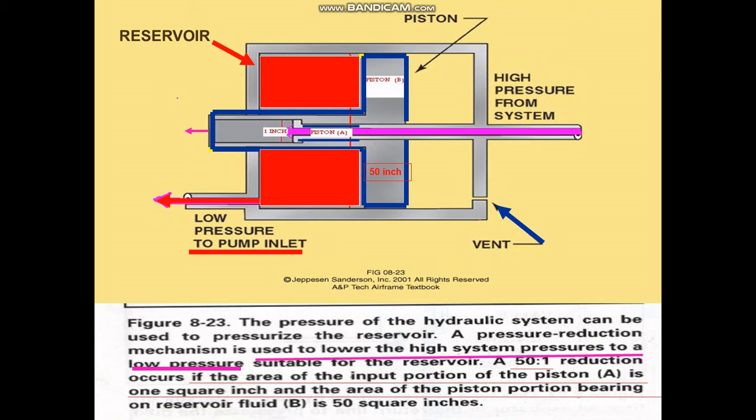A pressure reduction mechanism is used to lower the high system pressures to a pressure suitable for the reservoir. A 5-to-1 reduction occurs if the area of the input portion of the piston, A, is 1 square inch and the area of the piston portion bearing on reservoir fluid, B, is 5 square inches. This is piston A, B.